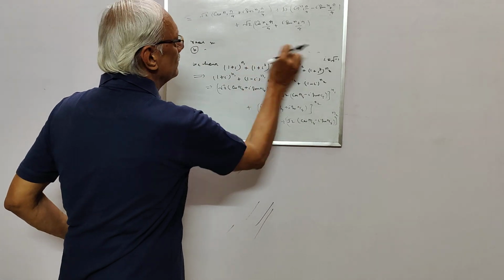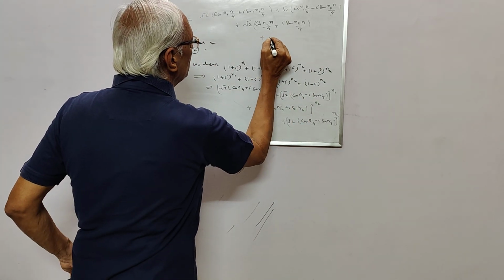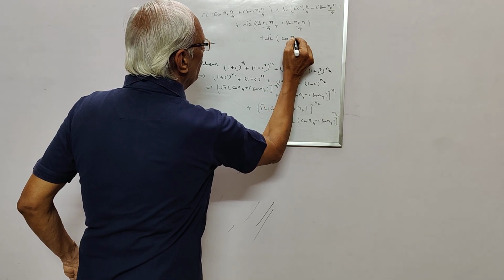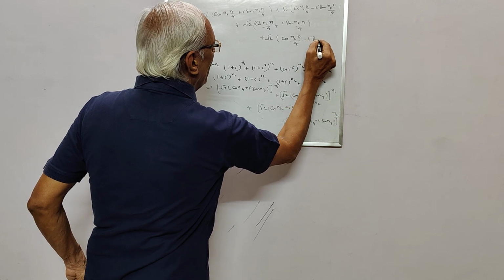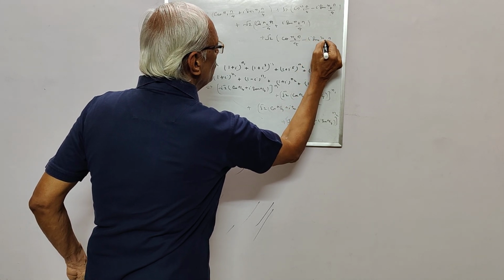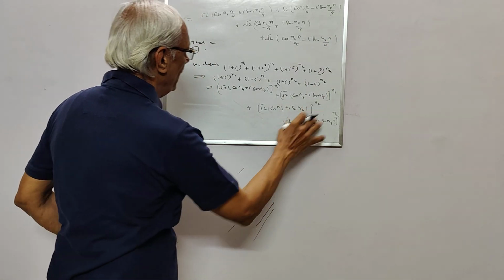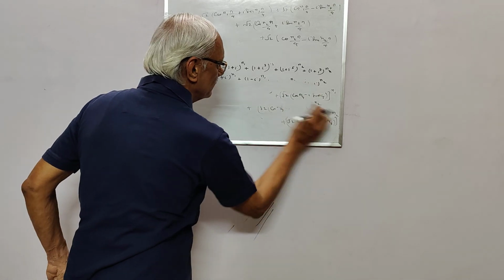Then plus root 2 into cos n2 pi by 4 minus i sin n2 pi by 4. So I have written the whole lot here, and this is what I get.